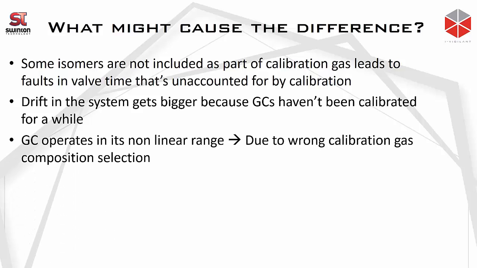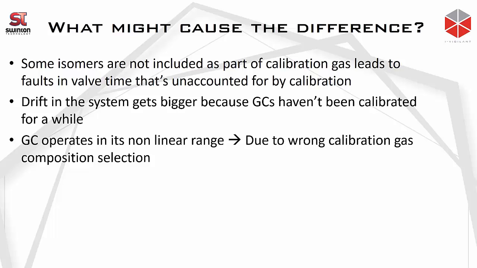Now, the other cause of the difference is that the GC operates in its nonlinear range. This happens a lot due to wrong calibration gas composition selection. When the GC operates in the nonlinear range, no two GCs have the same nonlinearity property.